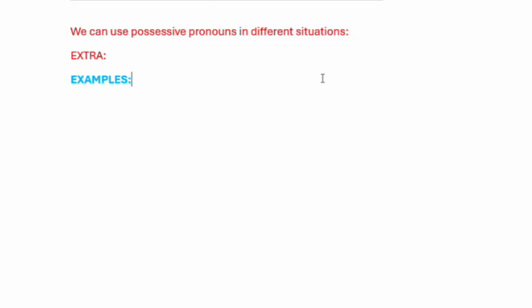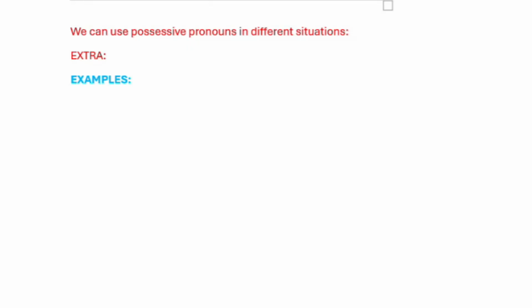Well, to conclude, guys, I'm going to give you some examples of how you can use the possessive pronouns in different situations, giving you a singular and plural form to finish.